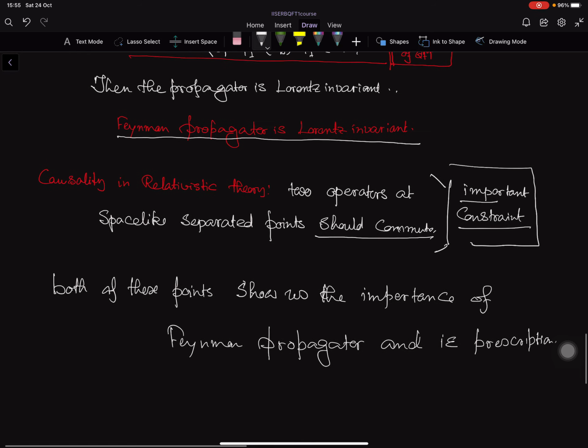Okay, so this concludes our discussion of the propagators for a scalar field in higher dimension, in 3+1 dimensions.